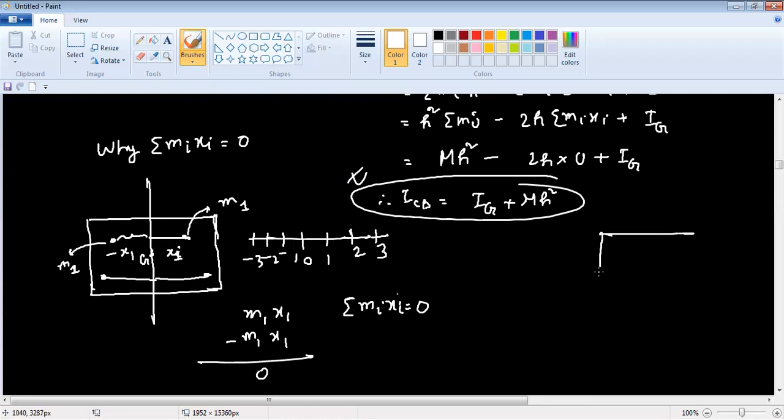If the axis passes elsewhere, then summation of mi xi need not be 0. It is 0 only if the axis passes through the center of mass. This term is also known as moment of mass. I hope all of you have understood the parallel axis theorem and the proof.